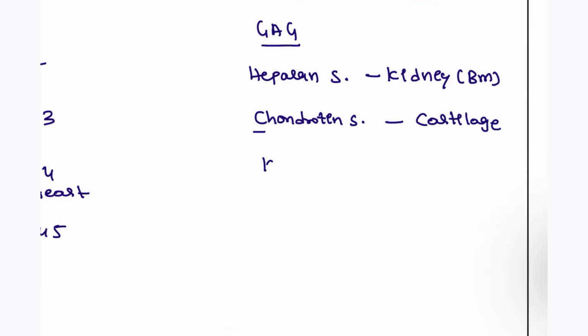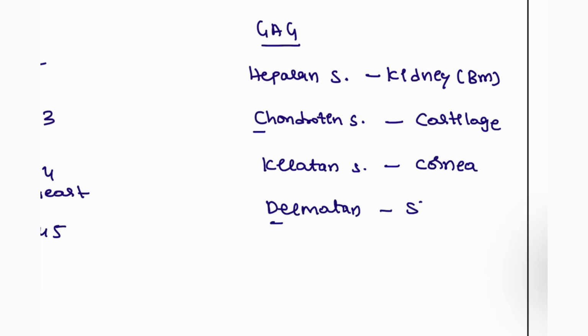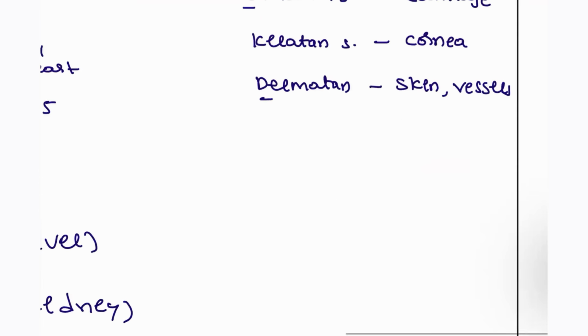Next, keratan sulfate is seen in the cornea, for transparency. Dermatan sulfate is present in the skin and vessels. Next, hyaluronic acid is present in the synovial fluid.